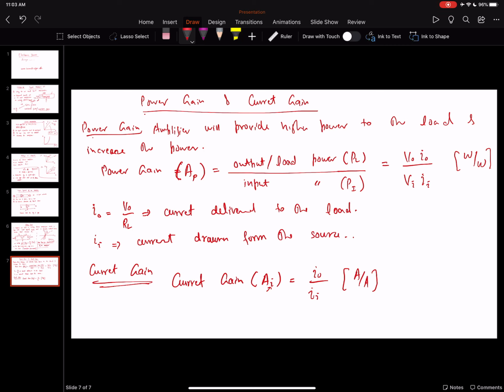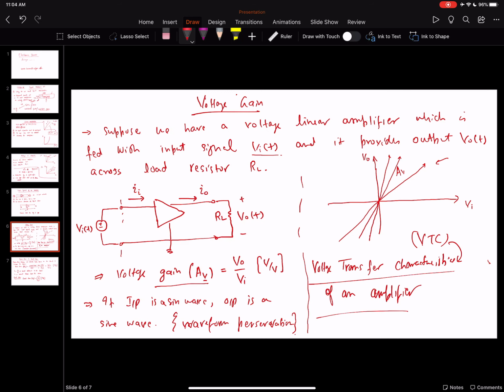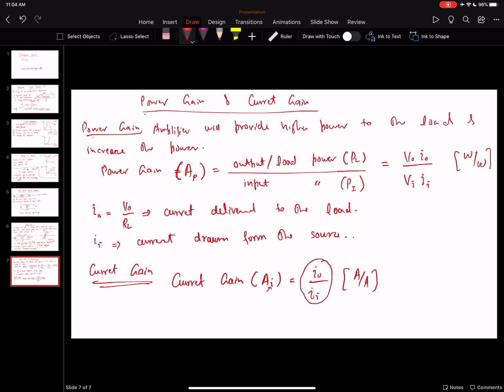Okay, so this is good. Now, if you look closely in between, this is the current gain, I naught over II. If we go back to the voltage gain, our voltage gain is V naught over VI. So considering this, if I go back and look at this equation again, I can easily split this thing.